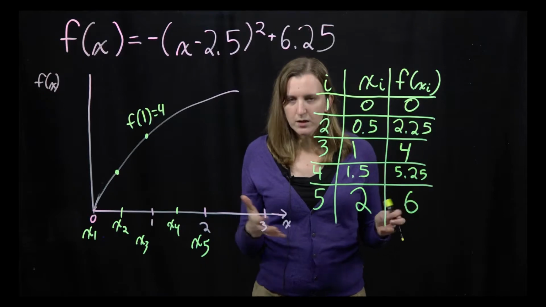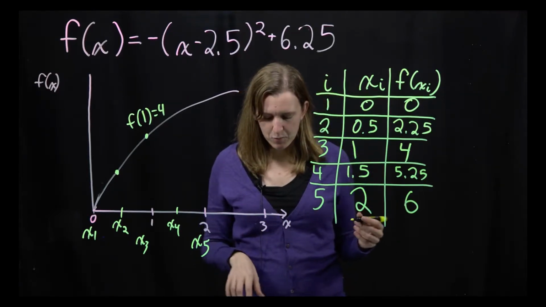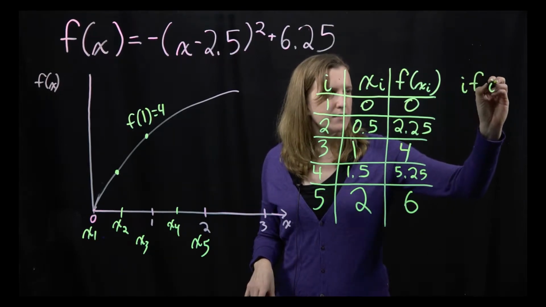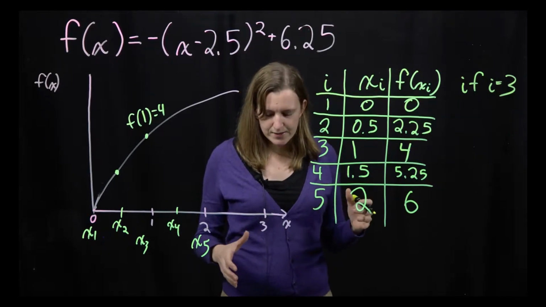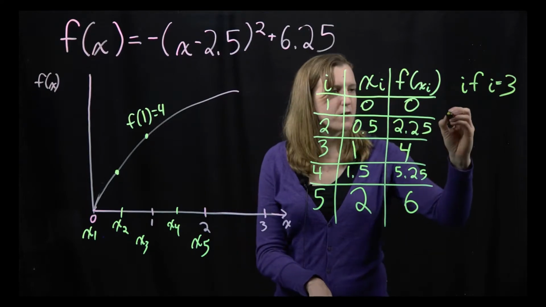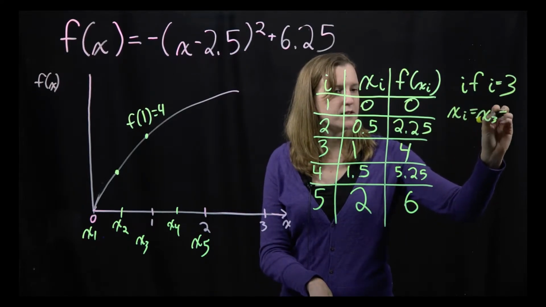And so like before, remember we can identify specific points. So we're going to look at a specific point: if i is equal to 3. Then we know that xi is equal to x3.